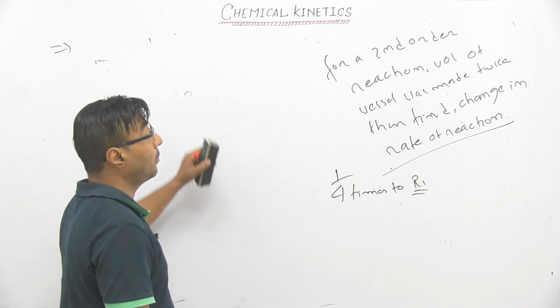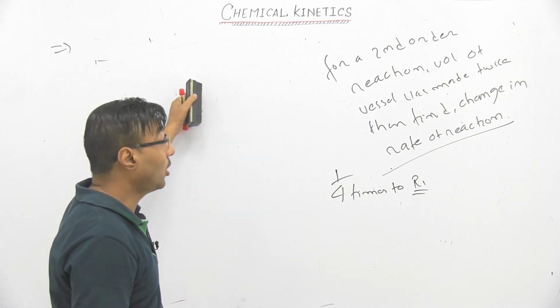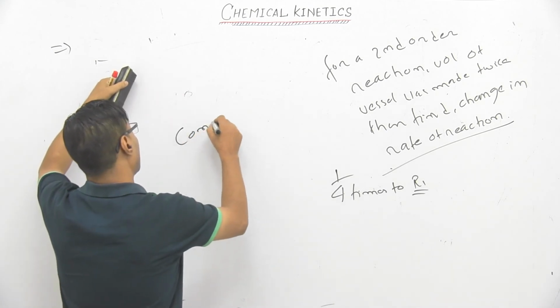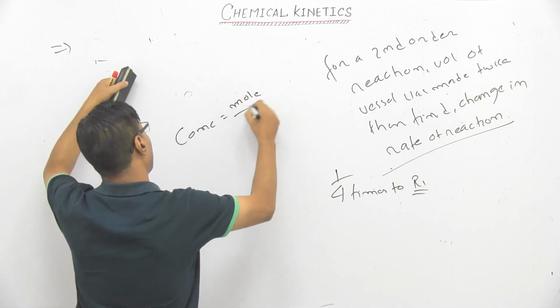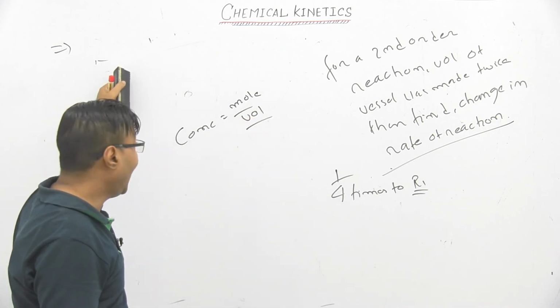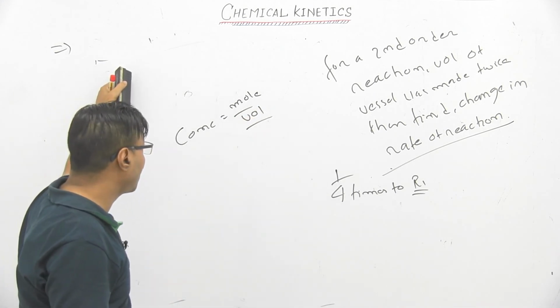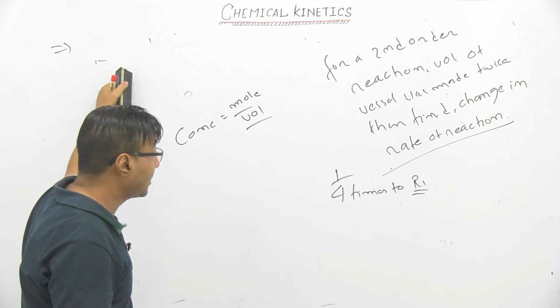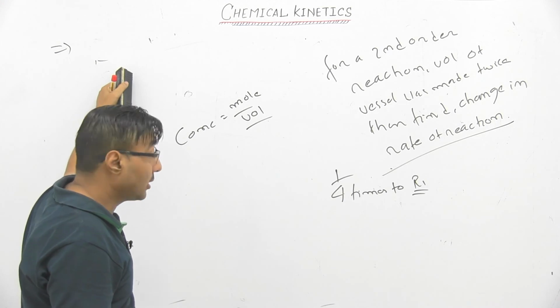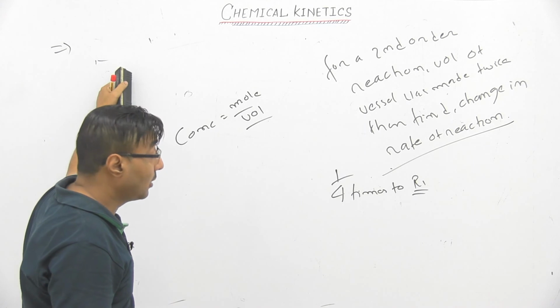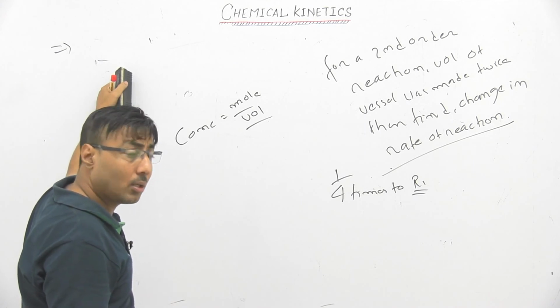Why? Because we have increased the volume, which will decrease the concentration, because concentration is moles by volume. As we know, the rate of reaction depends on concentration. So when concentration decreases, rate of reaction will decrease. The method to solve it is identical to the last one. Only one difference is there.